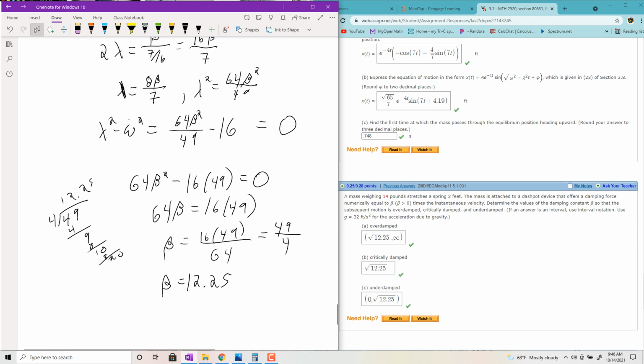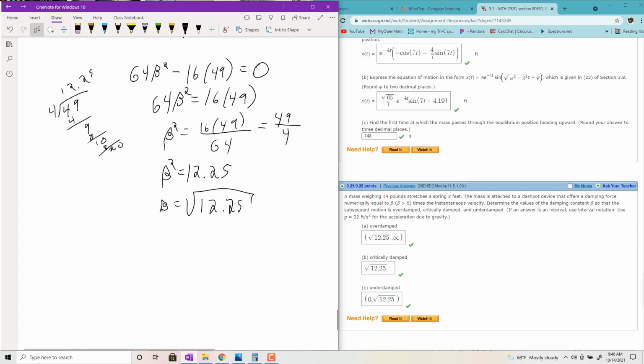Well, beta squared is that, right? So beta is actually the square root of 12.25. And that becomes where it's critically damped. Anything below that, but greater than 0, will be underdamped. So this is critically damped.